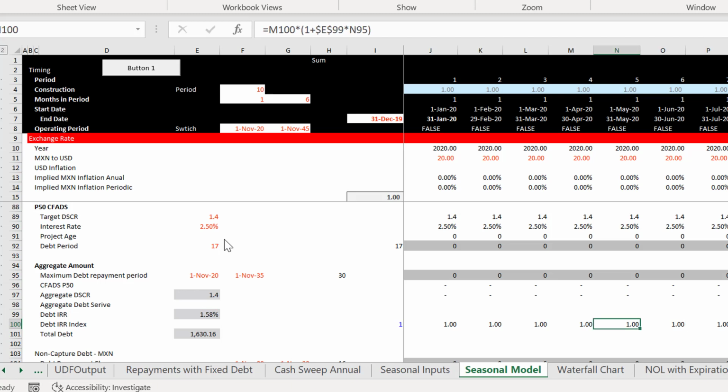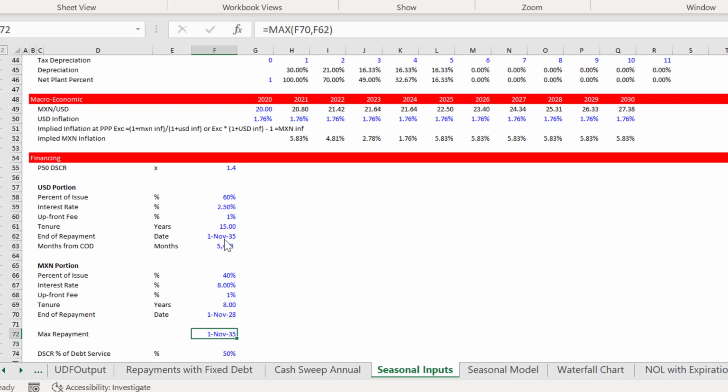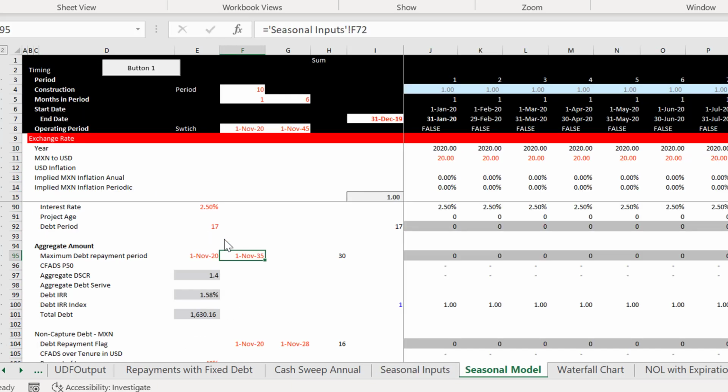Okay, and you just use the basic little formula that says, take the last value times 1 plus the debt IRR, but multiply by the little flag up here for the maximum debt tenor. You take the debt tenors of each of them, and that maximum debt tenor is the capturing debt issue. Okay, and then from the aggregate basis, you get the total amount of debt.